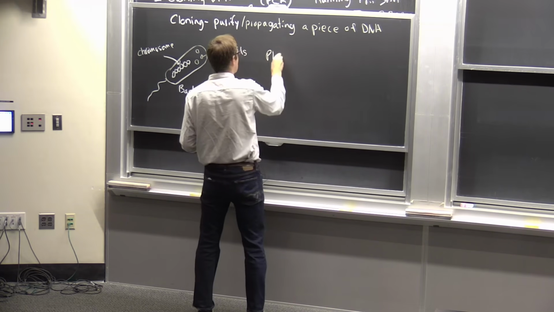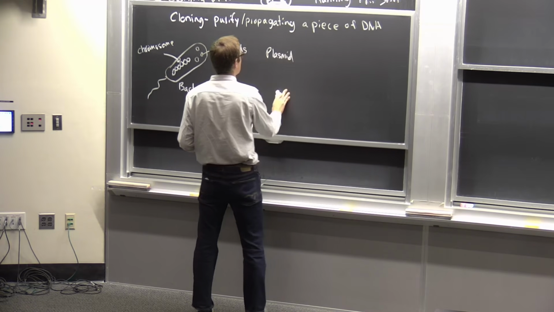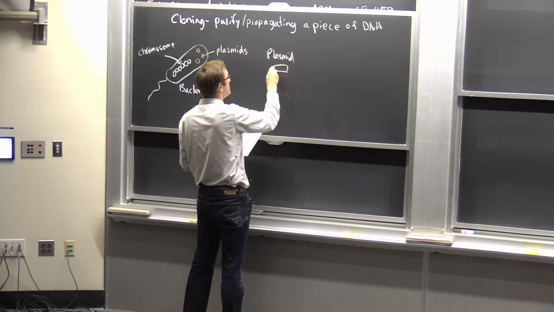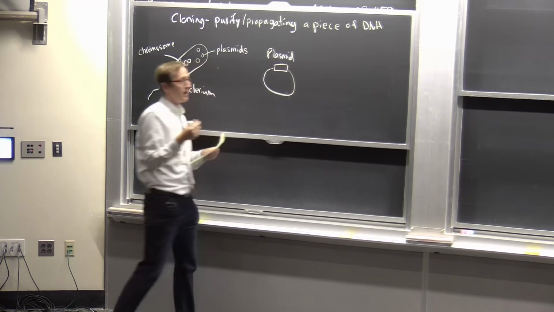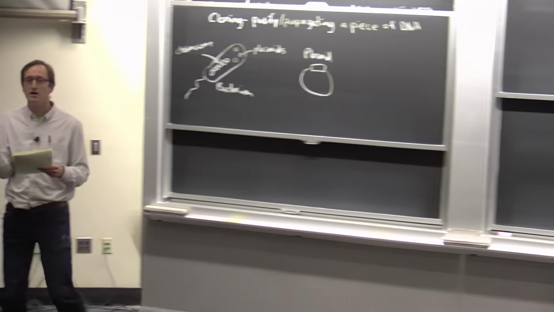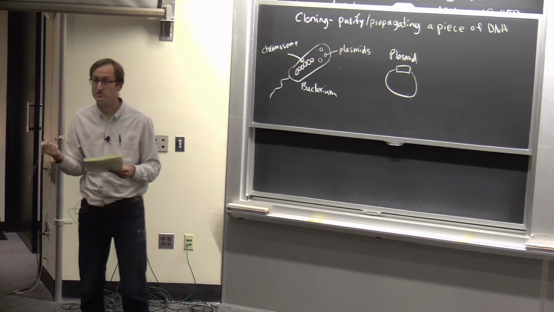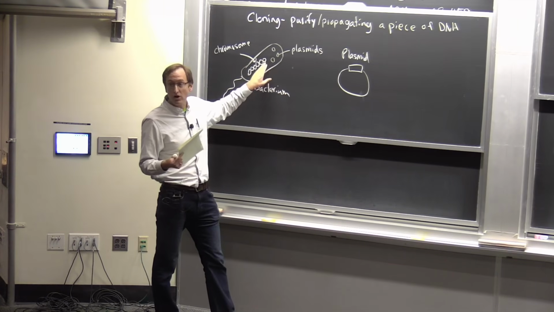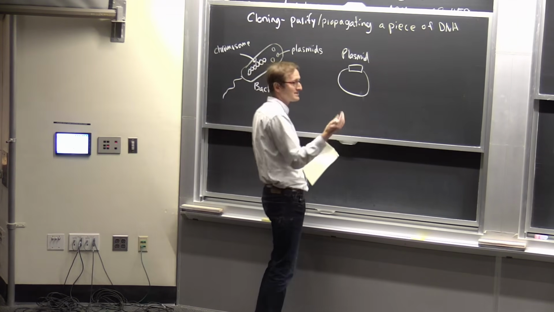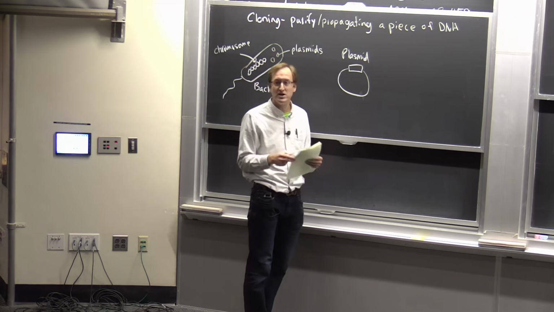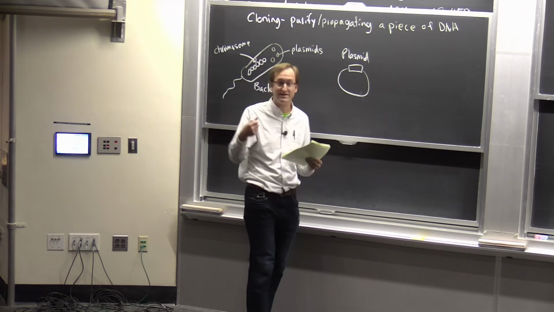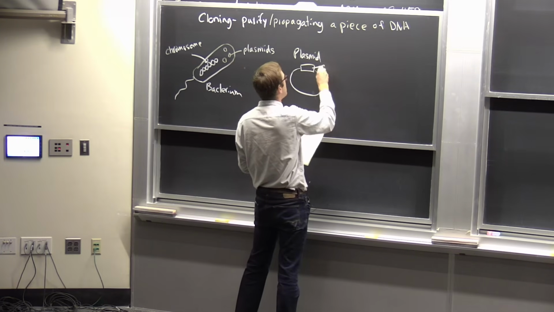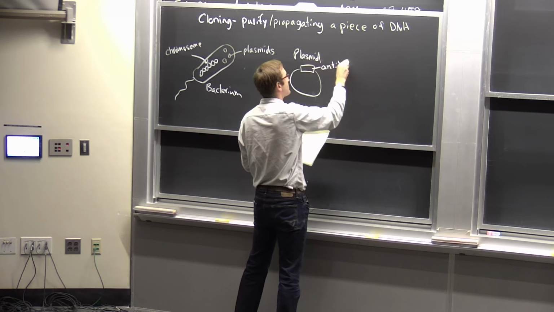So if we focus on an individual plasmid, often they have a cassette or a gene that confers antibiotic resistance. And that's often the reason that these bacteria are harboring these plasmids, because it gives them an advantage if they're exposed to a certain antibiotic from a predator organism. So this would confer antibiotic resistance.